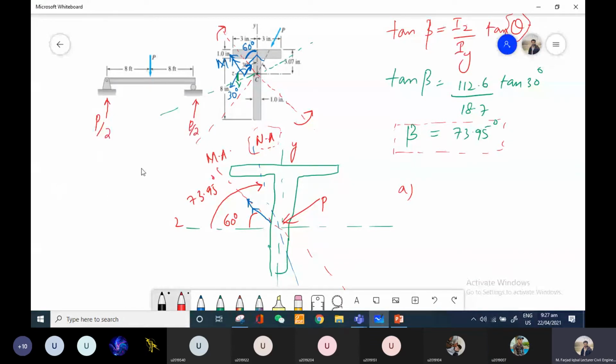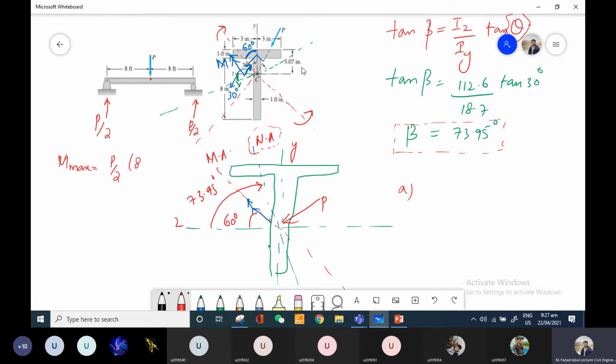So either I can plot the bending moment diagram, or I know for sure by directly looking at this figure that the maximum bending moment will be acting at the center, and its value will be M maximum equals P by 2 into 8.